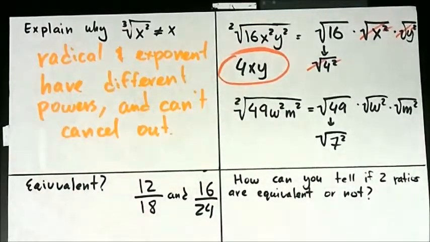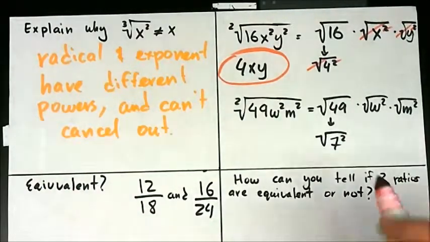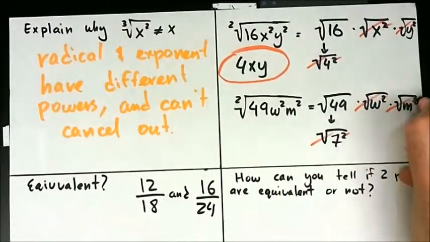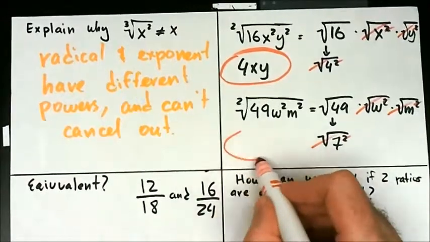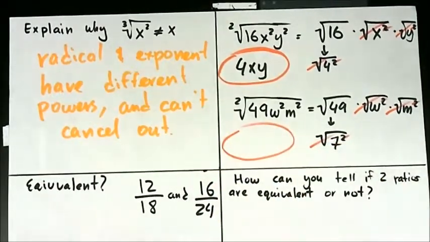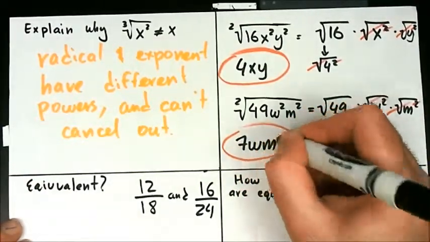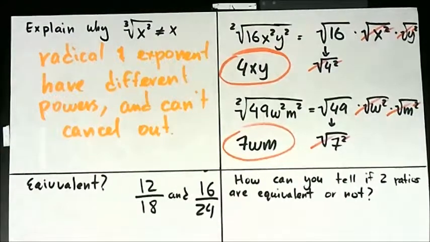Next, I'm going to cancel out all of my radicals with their equivalent power exponents. So they're both second power here. And what am I left with? 7wm. Alright, questions?